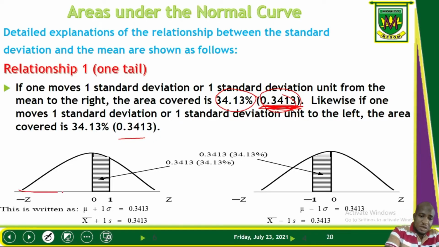On the normal distribution curve, this is the one-tailed right direction, when we are moving one standard deviation unit from the mean. The area covered, like I said, will be 0.3413. And when we are moving one standard deviation unit to the left from the mean, the space you are going to cover will still be 0.3413.